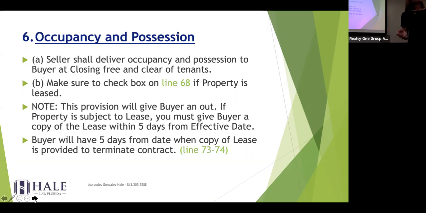Here's the deal. If you're the listing agent, built in to this paragraph 6, the buyer has an automatic out. If that property has a lease, if there are tenants in there and there is a lease, and you, listing agent, seller, failed to provide a copy of that lease to the buyer, you're supposed to do it within 5 days.